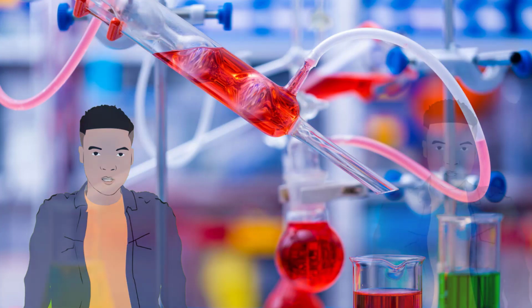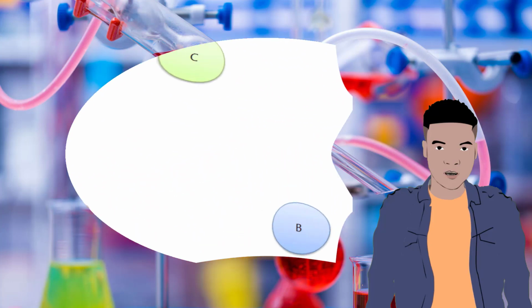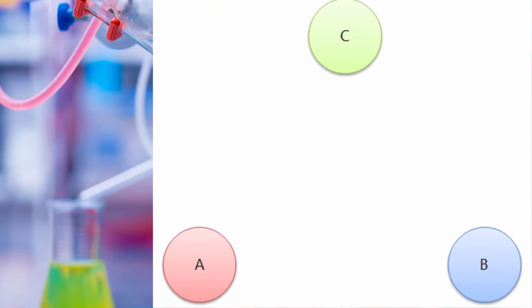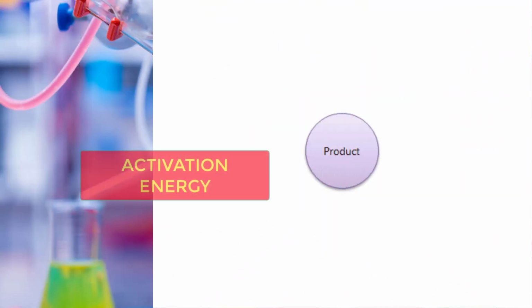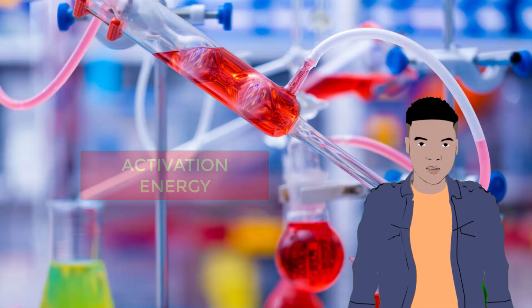Now we quickly move to collision theory. The collision theory states that for a chemical reaction to occur, the reactant particles must collide, and they must collide with a certain minimum amount of energy known as activation energy. Reacting particles are in continuous motion, thus they possess energy and they also collide with one another.